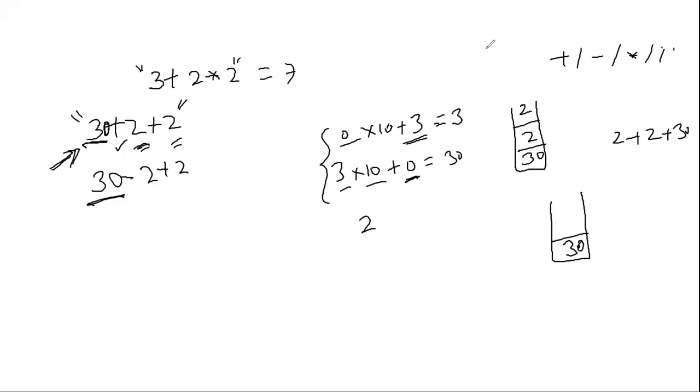Now I also take care of operator precedence. So you are going to have minus here, and then you looked at 2, and I push that to the operand stack.